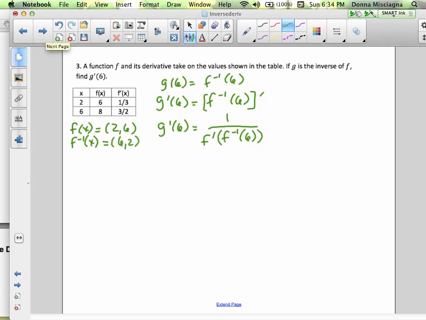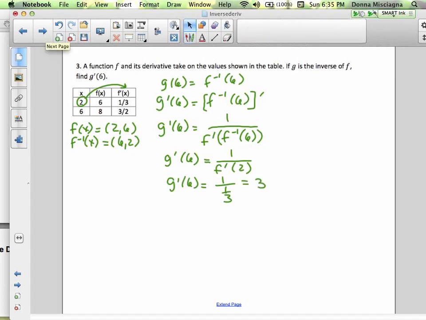If we plug in 6, 2 comes out. So g prime of 6 equals 1 over f prime of 2. If we take the derivative when x is 2, we get 1/3. So g prime of 6 equals 1 over 1/3, and 1/3 in the denominator is the same as 3. That's the end of this problem.